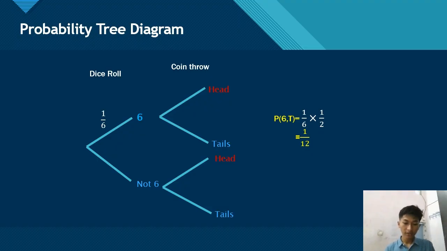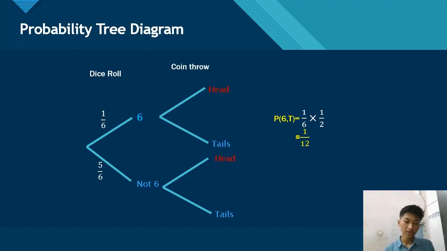The probability of not rolling 6 will be 5 out of 6 because there are 5 numbers that are not 6 and 6 numbers altogether.